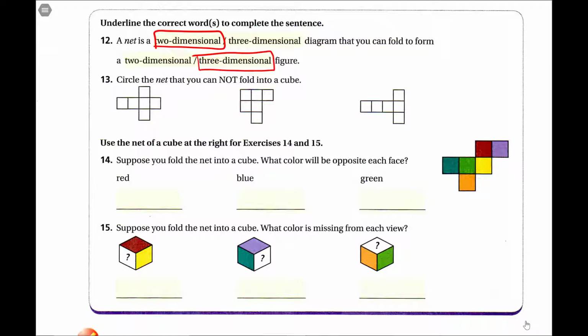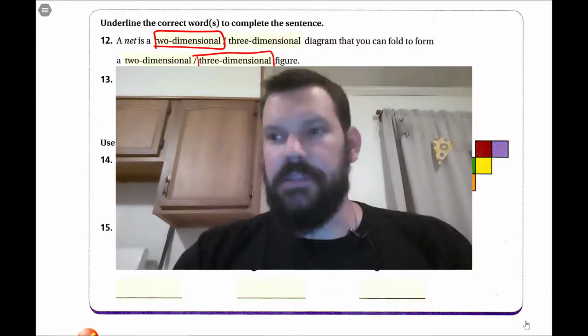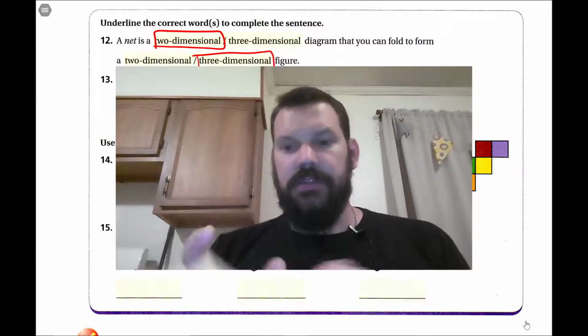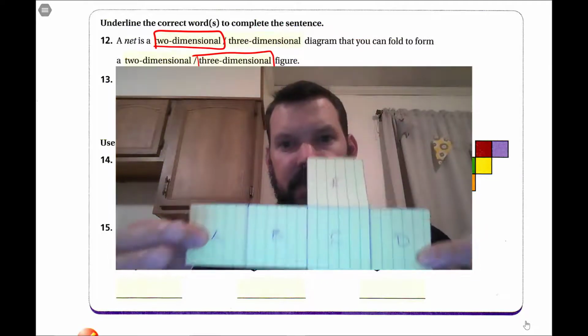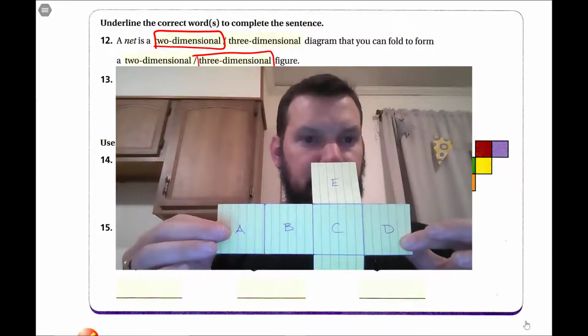For 13, we want to look at circling a net that cannot be folded into a cube. Well, this first one, I have an example of that, and I'm going to go ahead and show that to you right now. So here is the exact same figure that you see in number 13.